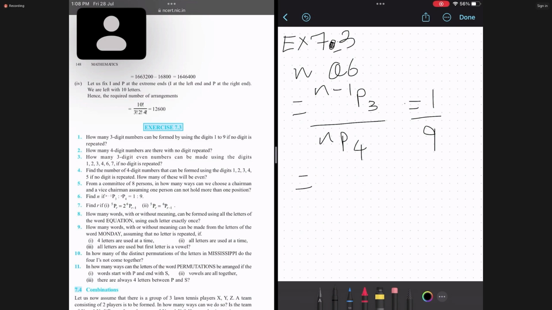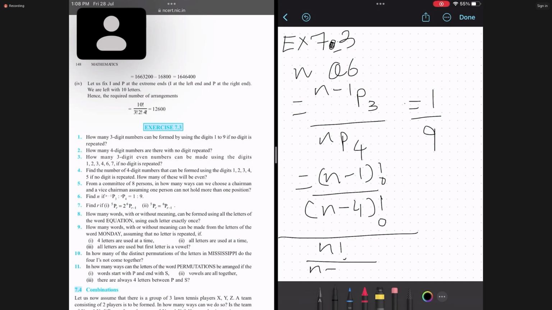So n minus 1 P 3 would be n minus 1 whole factorial upon n minus 4 factorial. Correct, because n minus 1 minus 3 would be n minus 4, and subsequently the denominator would be n factorial upon n minus 4 factorial.